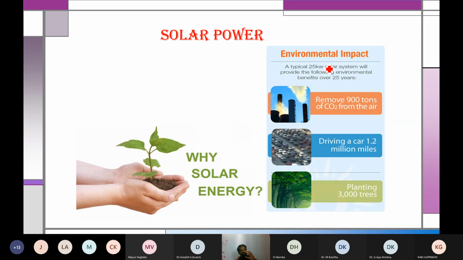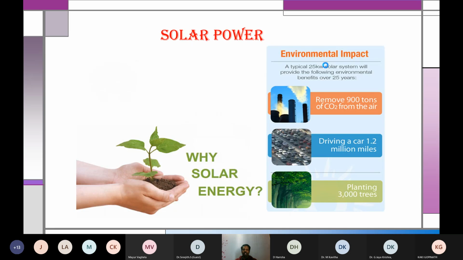Now it is around 34 gigawatt of installed capacity, and by 2030 it is expected to be 300 gigawatt. So this is a very promising solution for power generation, because it's clean, renewable, green, and always available. All these advantages are there with solar panels.